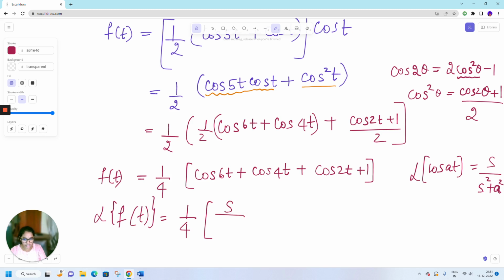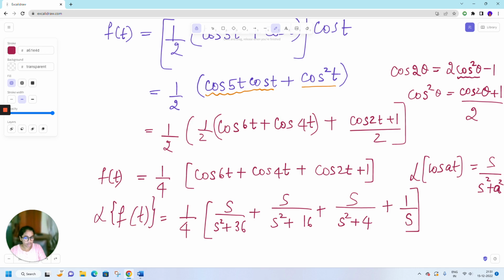So I'll write it as s divided by s square plus 6 square, that is 36, plus s divided by s square plus 4 square, that is 16, plus s divided by s square plus 2 square, that is 4, plus what is Laplace of 1? Laplace of 1 is 1 divided by s. Okay, so that is the required Laplace transform.